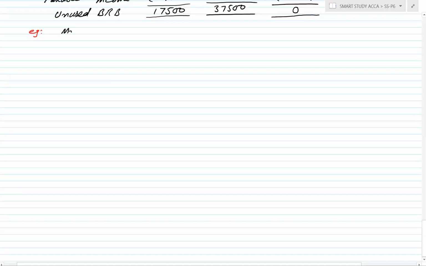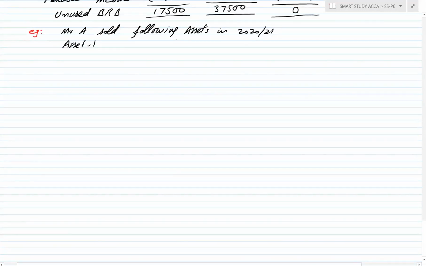For example, Mr. A sold the following assets in 2020-21. Mr. A sold asset 1 and he has capital gains. Straight away I'm giving you the information of capital gains.